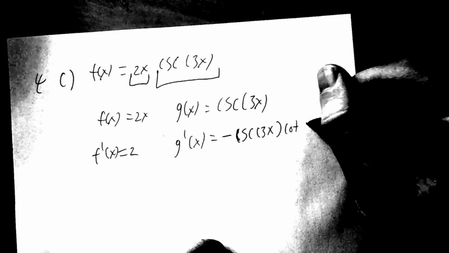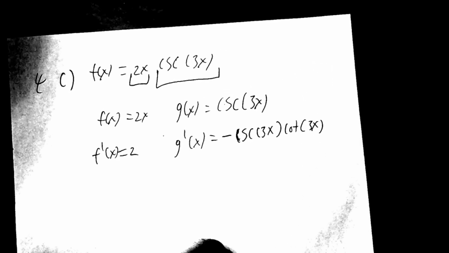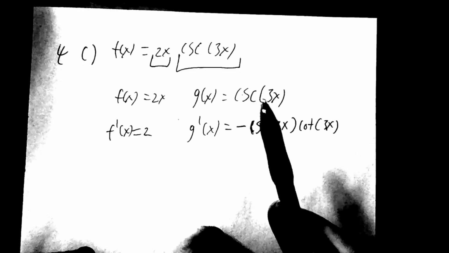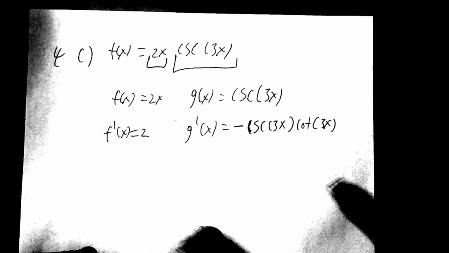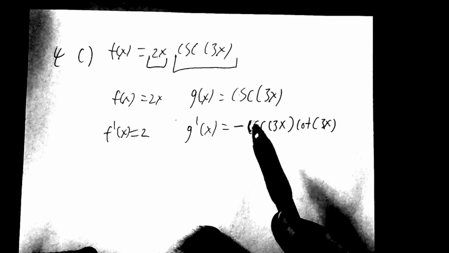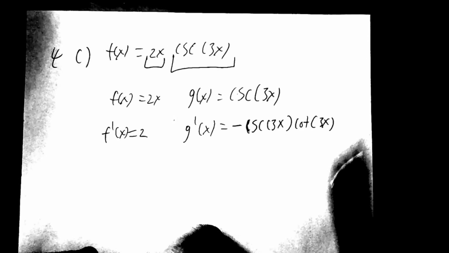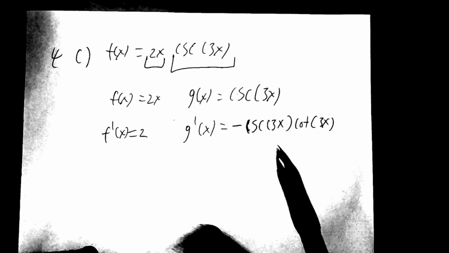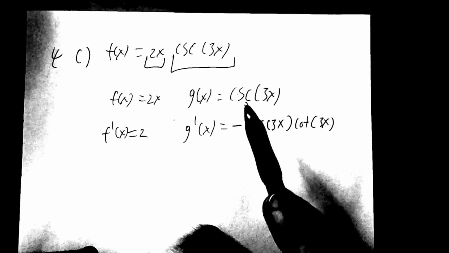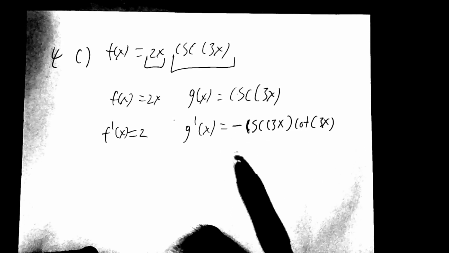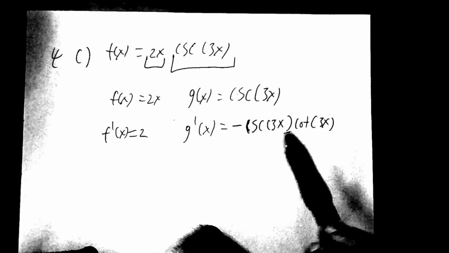cotangent 3x. So this is a chain rule, and I just want to pause for a second and explain to you what's happening, because I do remember this when I took AP Calculus 10 years ago. This confused me. What's weird about the derivative of cosecant and secant as well is that two functions pop out of it.